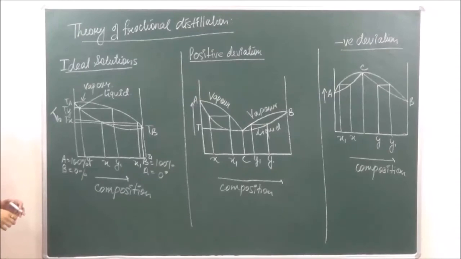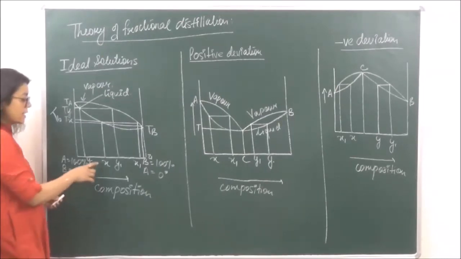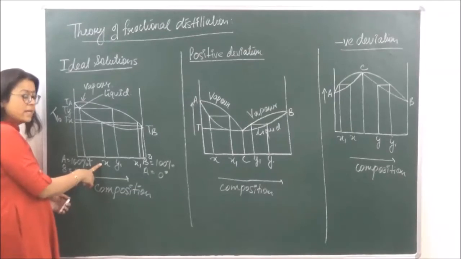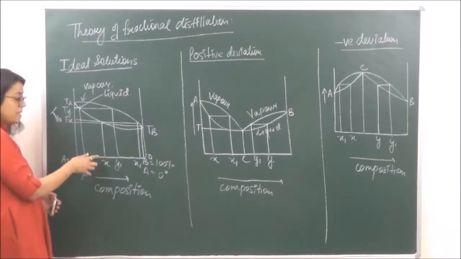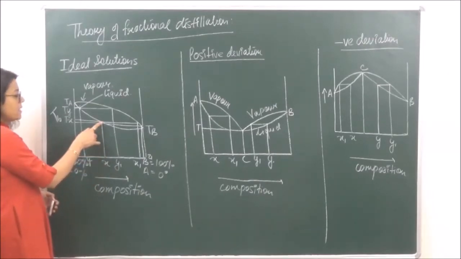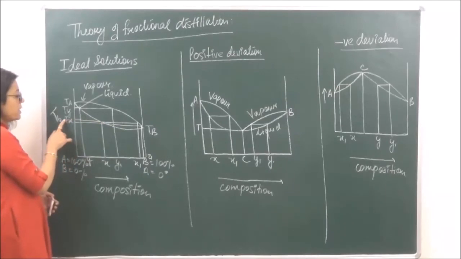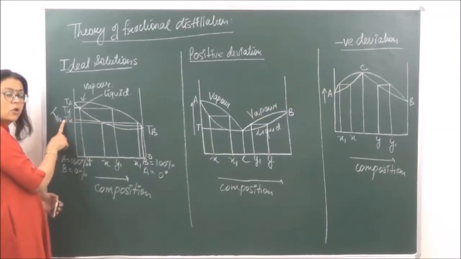Okay, so now what is happening over here is that when we are talking of this kind of solution, we take a solution of composition X, and for composition X, when we start heating, we are saying that at this particular point, the temperature at which the composition will start boiling is Tx. Right?